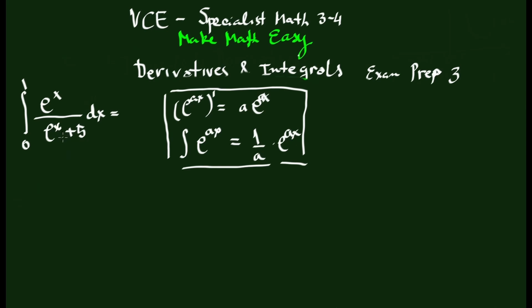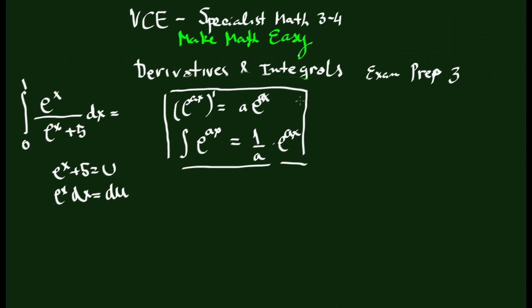If you just simply say e to the x plus 5 equals u, then du equals e to the x dx.